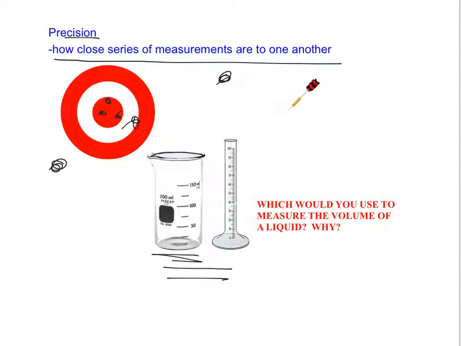So, for example, a beaker is not going to be a piece of equipment that we're going to use to measure the volume of a liquid. Instead, we're going to use what's known as a graduated cylinder, and the reason being, hopefully you can see this, that there are a lot more little tick marks in there. So you get a greater number of increments, so you get greater precision.